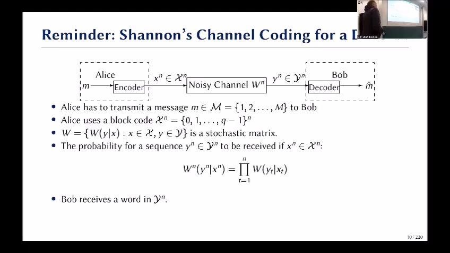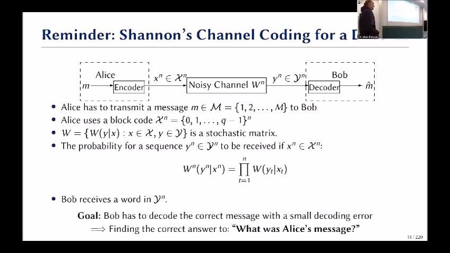And so Bob finally receives a word in Y^n. And the goal of Bob is that he wants to decode the correct message with a small decoding error. So he wants to find the correct answer to the question, what was Alice's message?